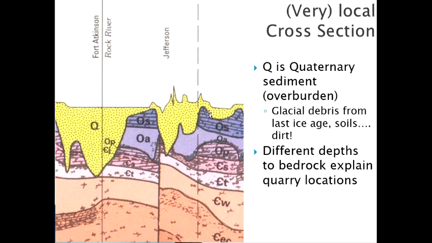And then, notice there's a few places where the rock is right near the surface. Those are the best places to dig and make your quarries. You might have wondered, well, why do I have a quarry here and not right over there? Why can't they make a quarry on my property and make a lot of money for me?